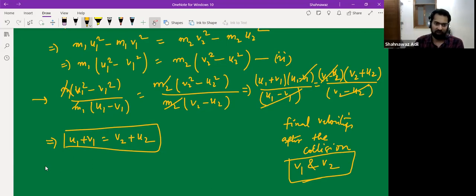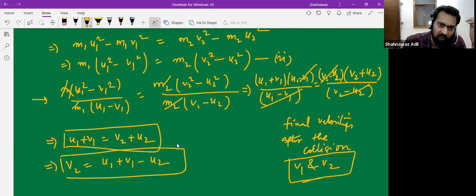So let's calculate v2 first. So v2 is u1 plus v1 minus u2. Right. So this is v2, and then we will put this value in equation first.